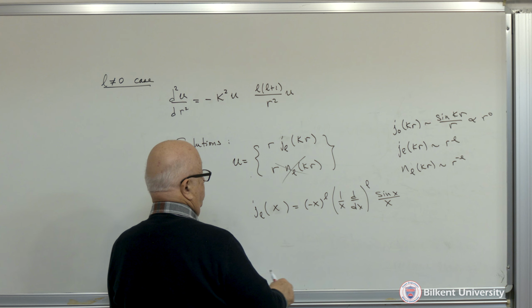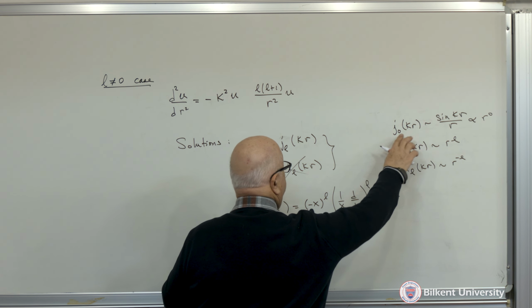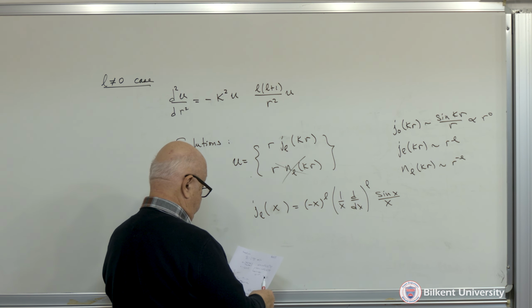Okay, so obviously if L is equal to 0, you get sine KR over R.